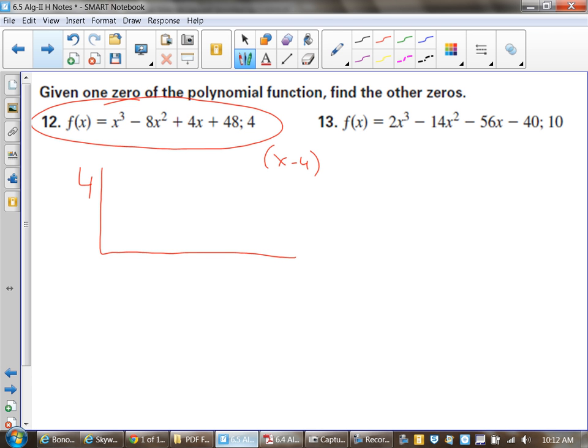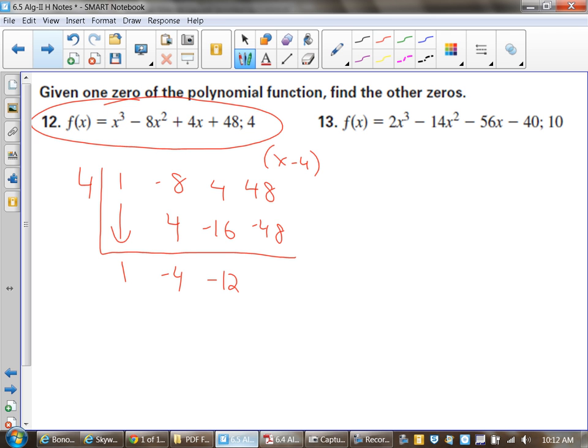Again, we're just going to pluck out all the coefficients: 1, negative 8, 4, and 48. Drop the first term. 4 times 1. Add them. Multiply. Add them.